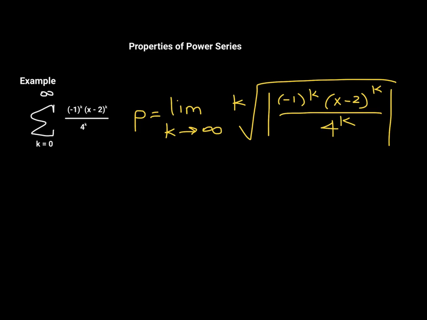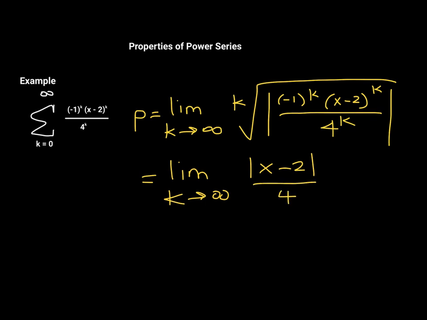Here, the kth root and the kth power are inverse operations, and so they cancel. You're left with the limit as k goes to infinity of the absolute value of x minus 2 over 4.